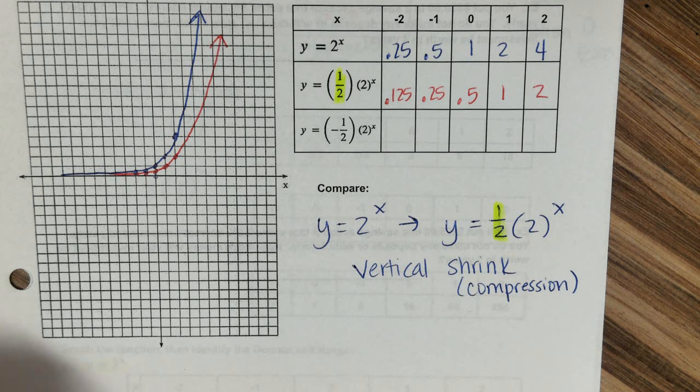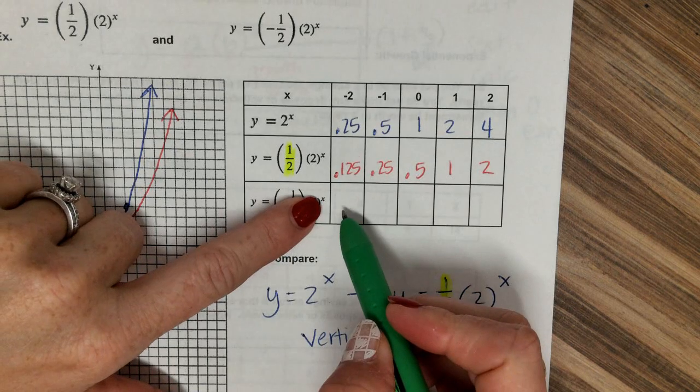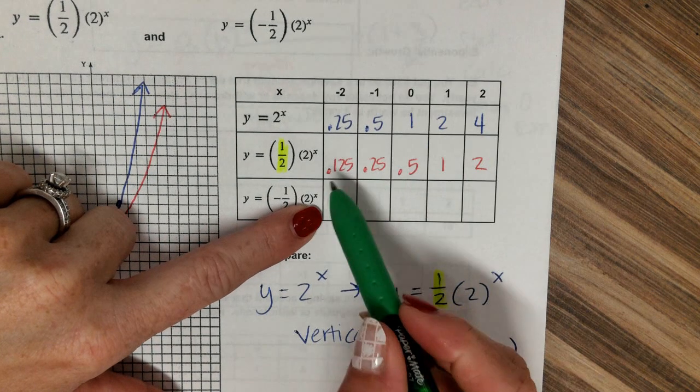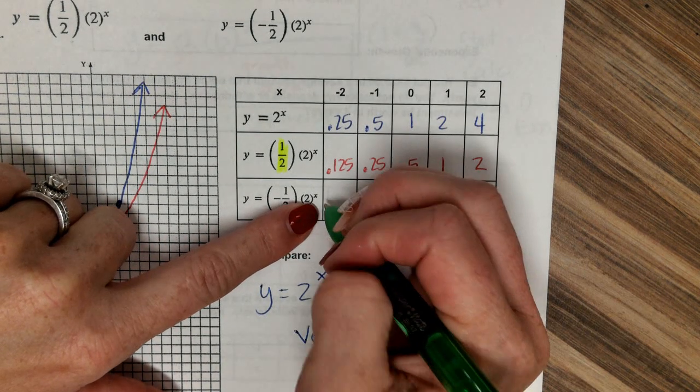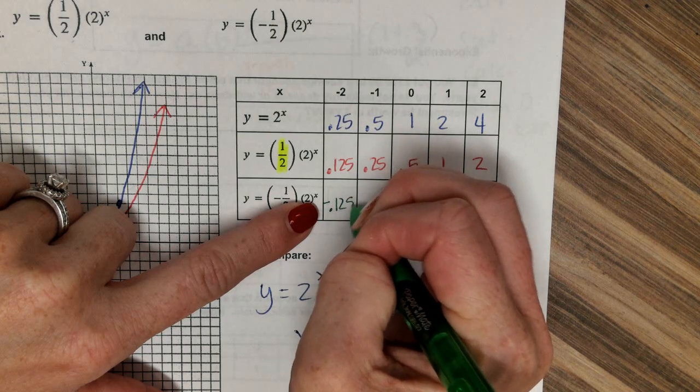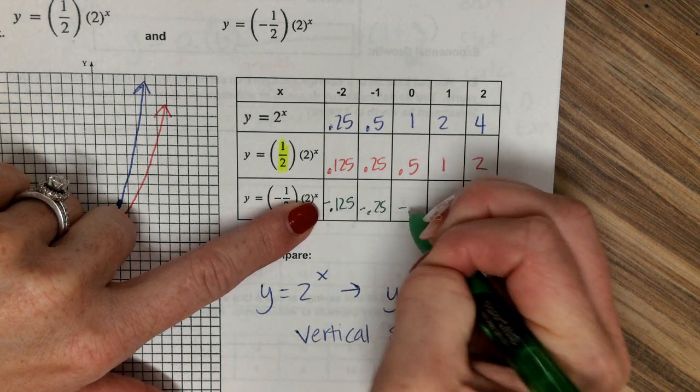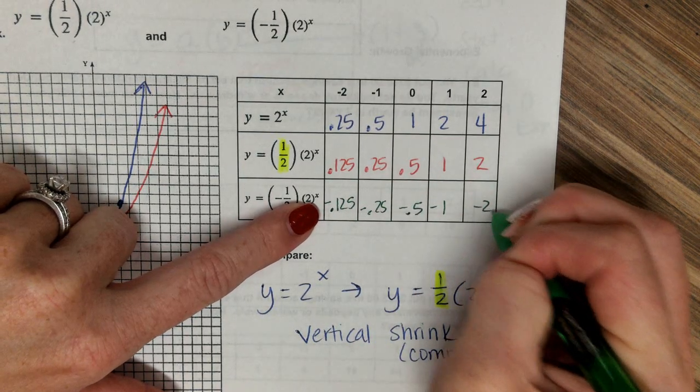So what do y'all think is going to happen when we put a negative in front of that? It's going to flip it across the x-axis, right? So this one right here, if y'all just want to write it down, is the same numbers here except with negative signs. So negative 1.25. And then go graph it.